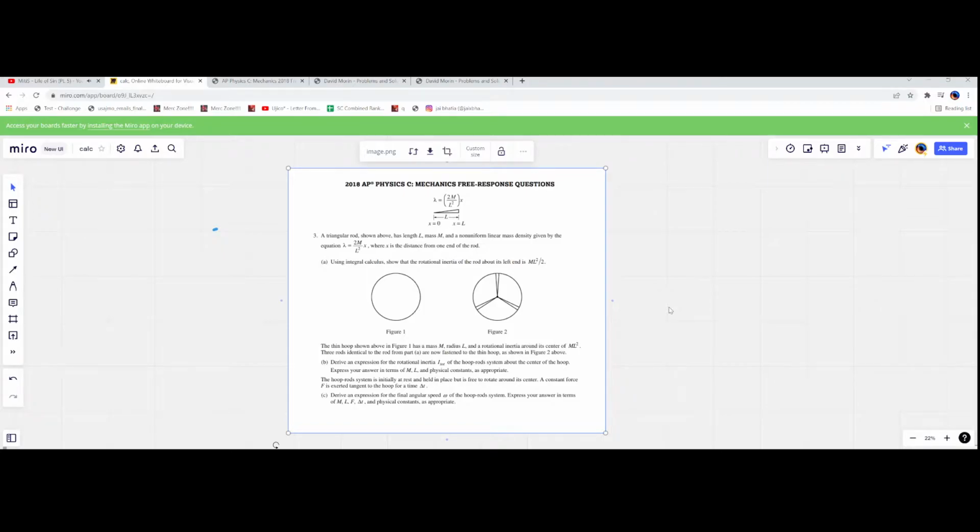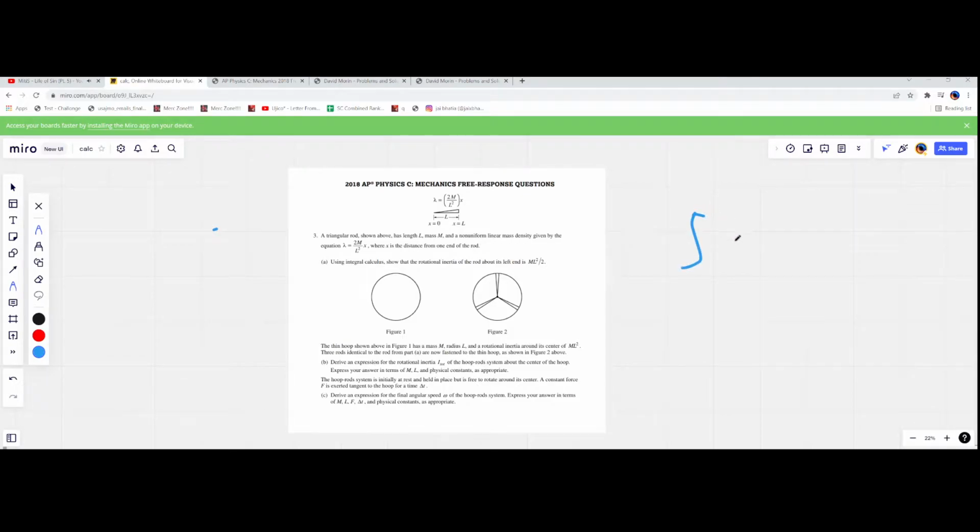So I'm pretty sure that the equation for inertia is equal to something like mr squared.